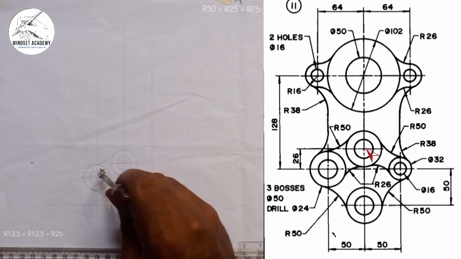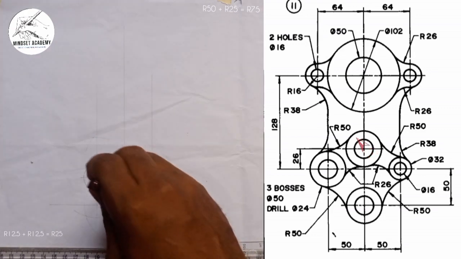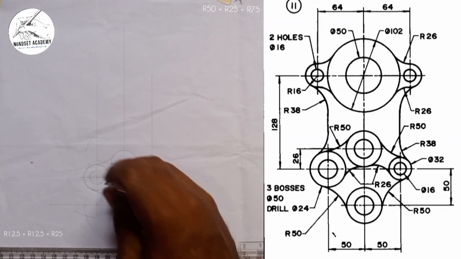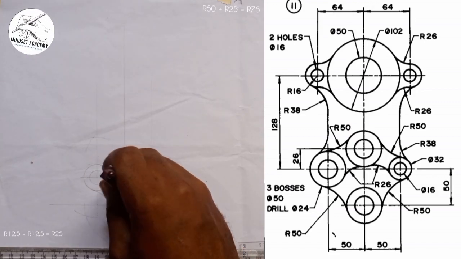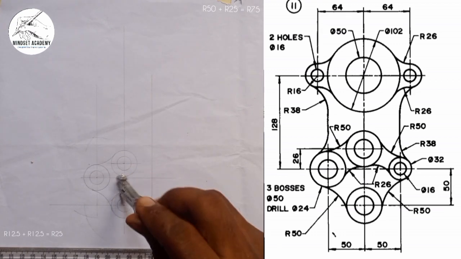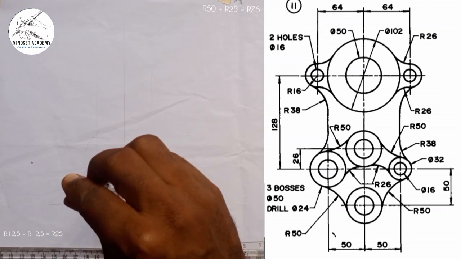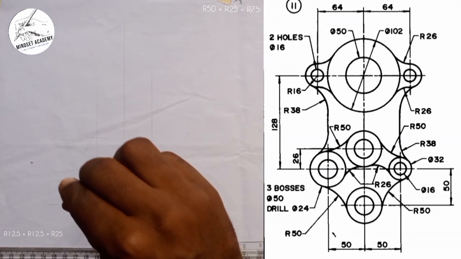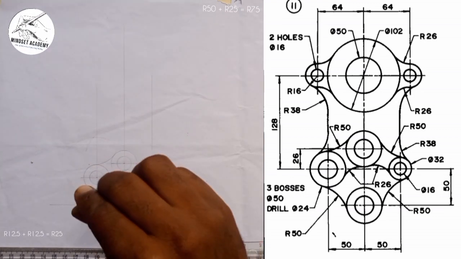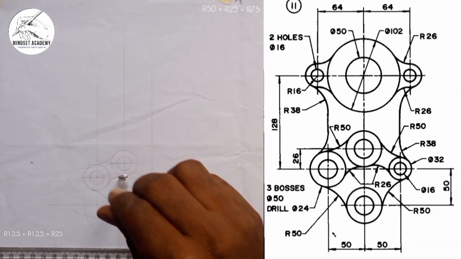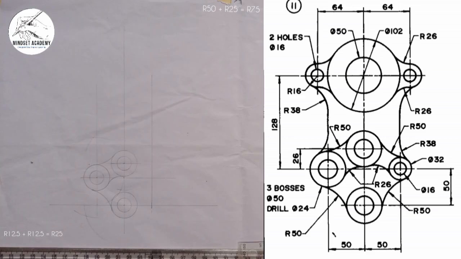That's why we have 25. So I'm going to place it here in order to get this. You can see that. That is what we have there.